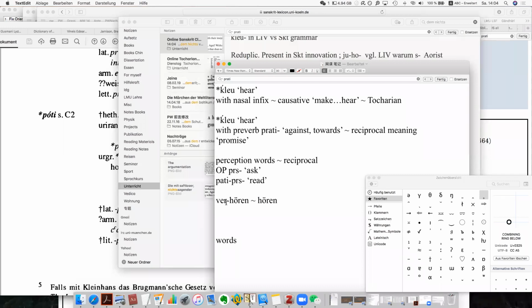So this is also the point here. You use a preverb, which has the meaning of against, towards, means reciprocal, to each other. So it means that kind of interaction between each other, and this makes a semantic change.